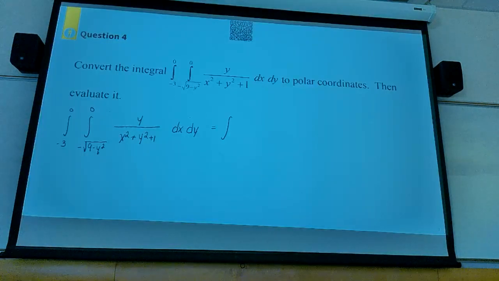We want to write this in terms of polar. Remember, that's dr d theta. And you have to first recognize what polar region this is actually representing.